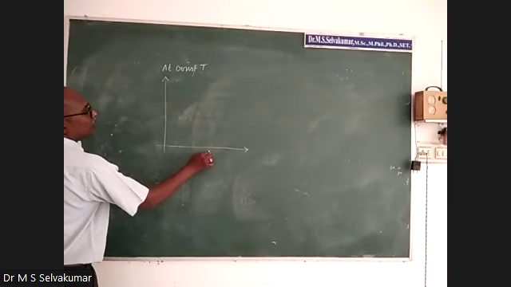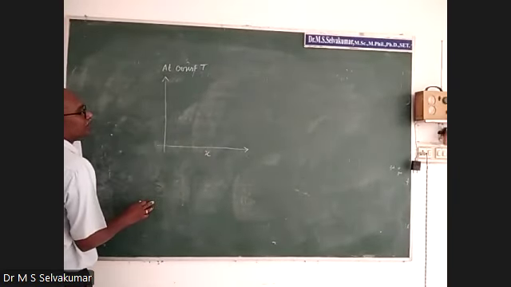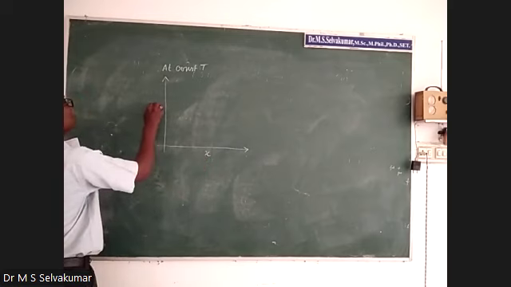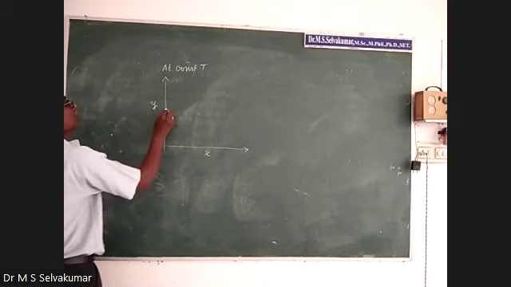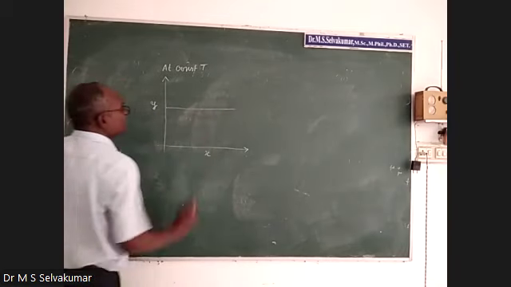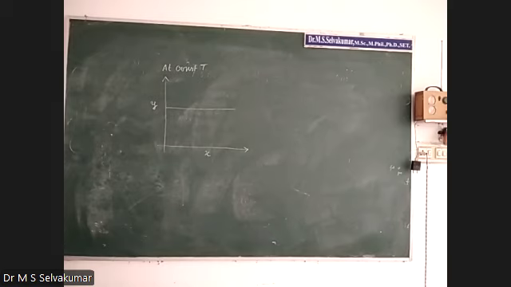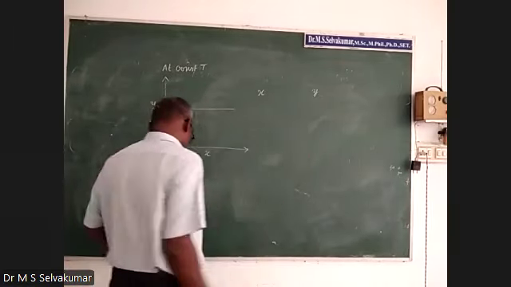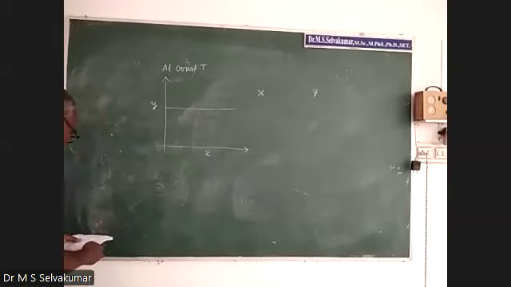This is the x coordinate having the factor x. The y coordinate is having the factor y. And this is a straight line. Question is, what are x and y?